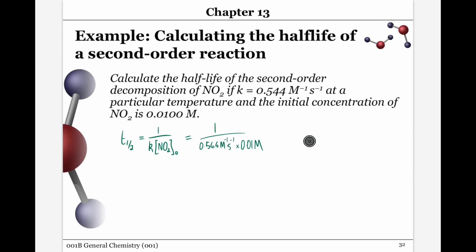We cancel out our molar units here, we can get rid of our moles, and we have 1 over per second. So as expected, the units that we obtain are in seconds. We plug those numbers into our calculator and find that the half-life of this process is 184 seconds.